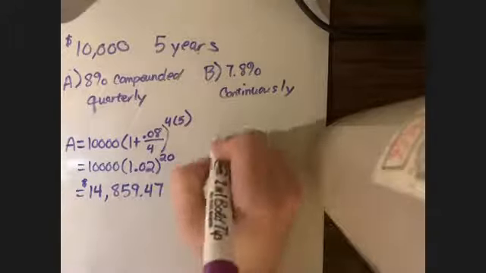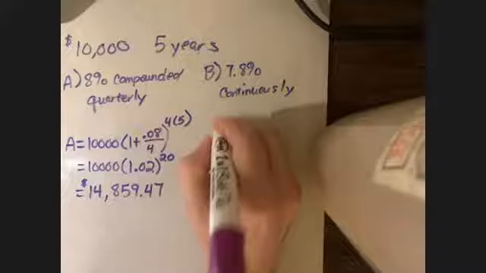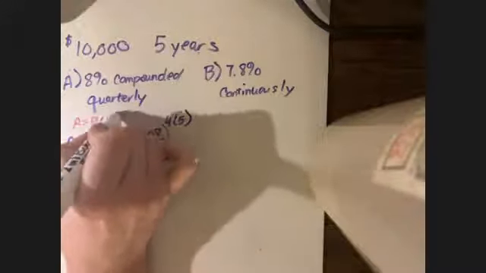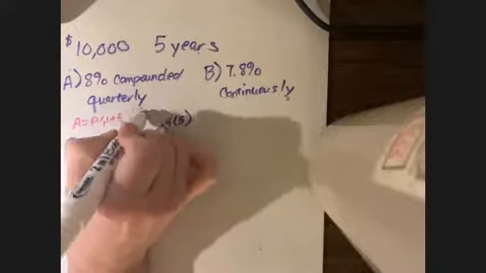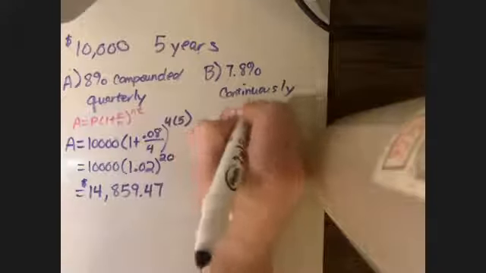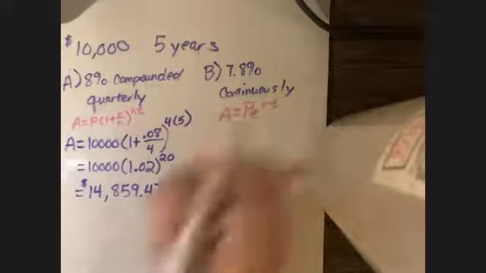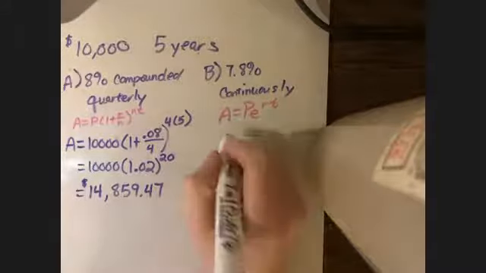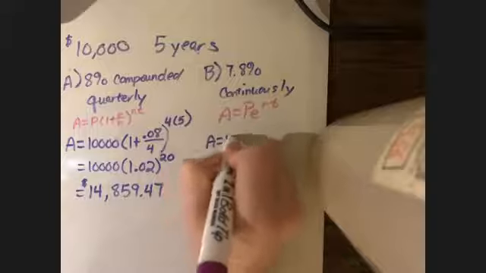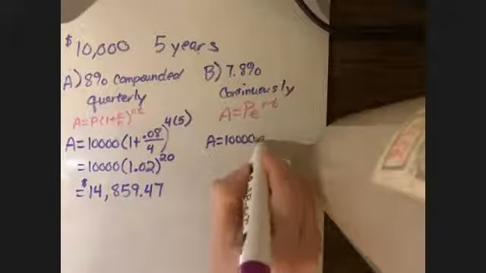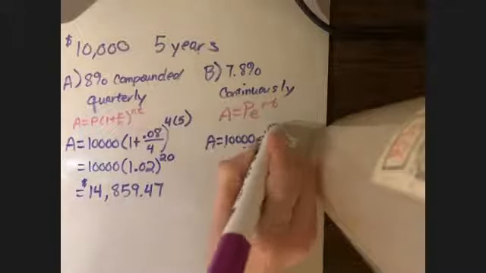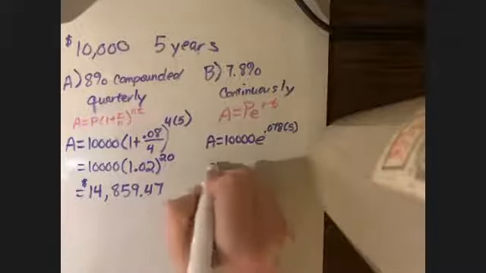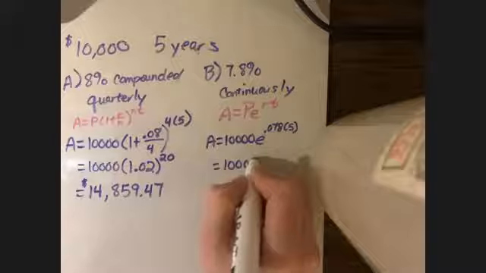Now looking at the second option, real quickly, this was A equals P times 1 plus R over N to the NT. That was my formula. And the formula that I'm using over here is A equals P e to the RT. So we're going to have A equals 10,000 e to the 0.078 times 5. Again, I'm going to clean that up just a bit.